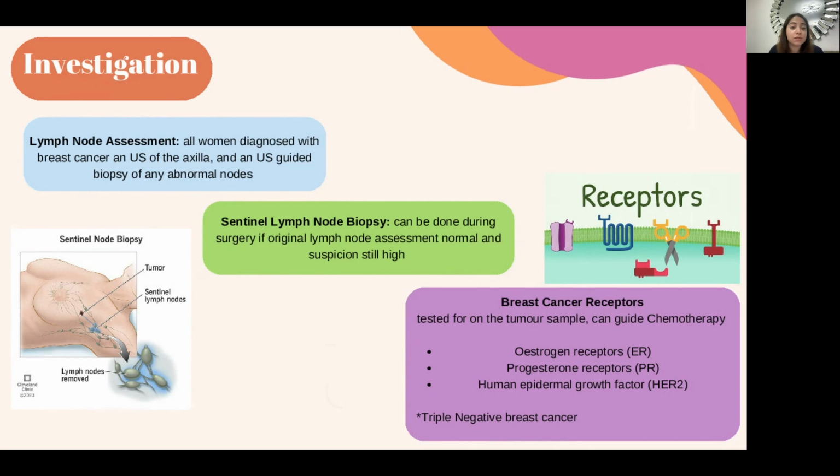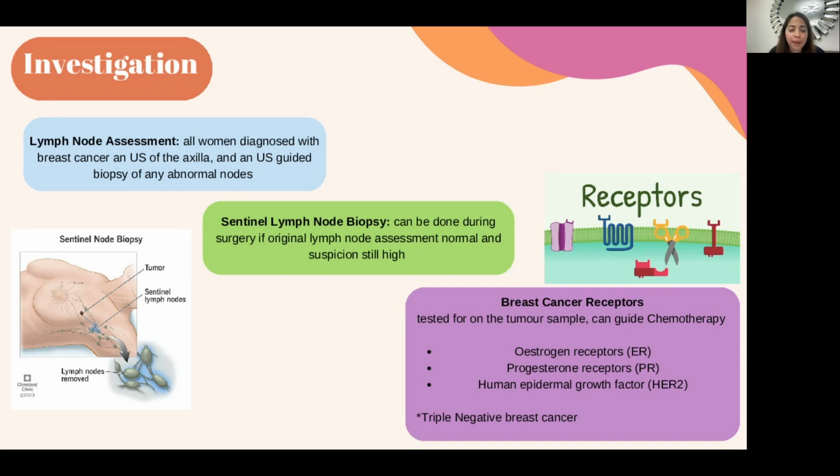Then we've got sentinel lymph node biopsy, which can be done during surgery if there's any suspicion of spread to the sentinel lymph nodes, and they'll send off the sample and see if there's anything concerning there.